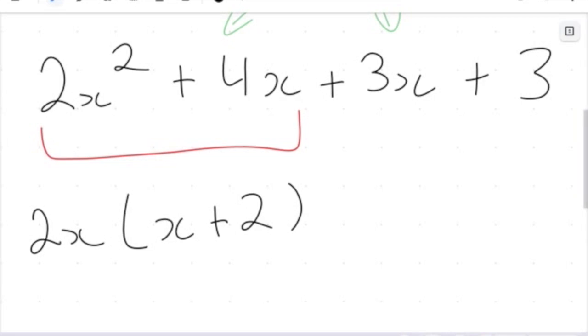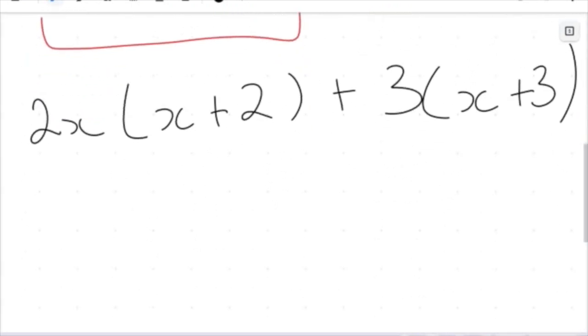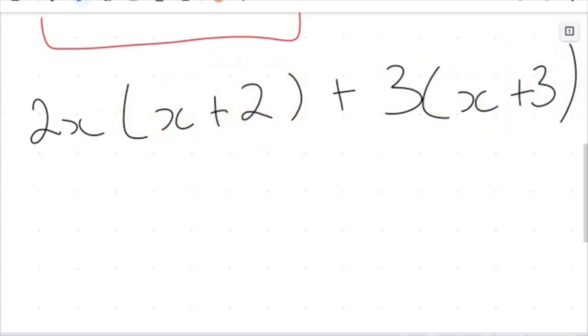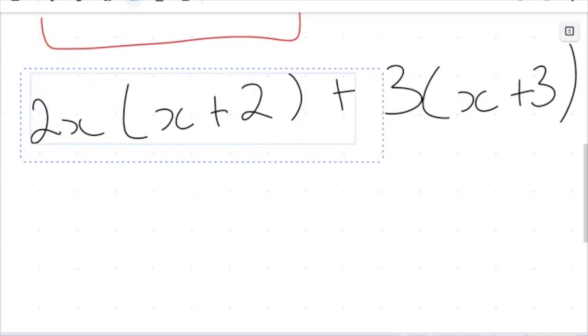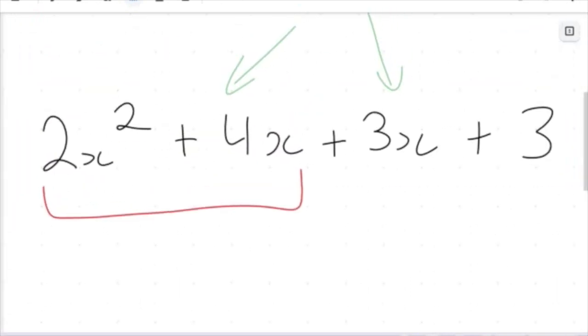So I've just taken 2x as a common factor, and I'm going to take 3 out as a common factor here, and I get x plus 3. And I can see here I'm at a standstill because I don't have the same binomial factor. So I've done something wrong. This means that the numbers I've chosen as my factors are wrong. So let's try this again.